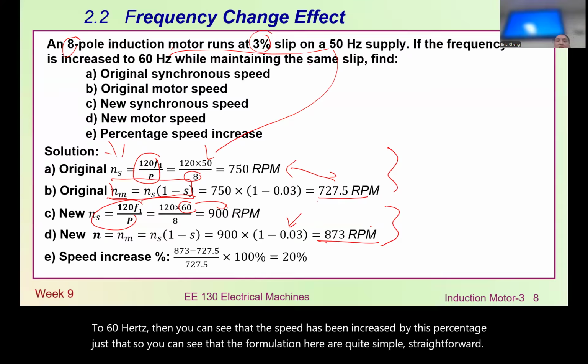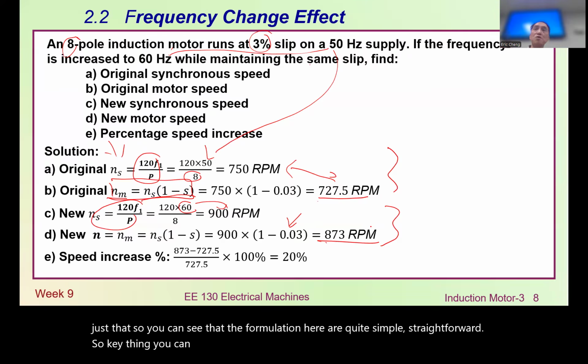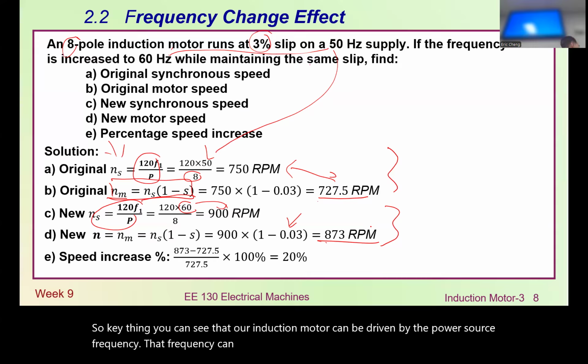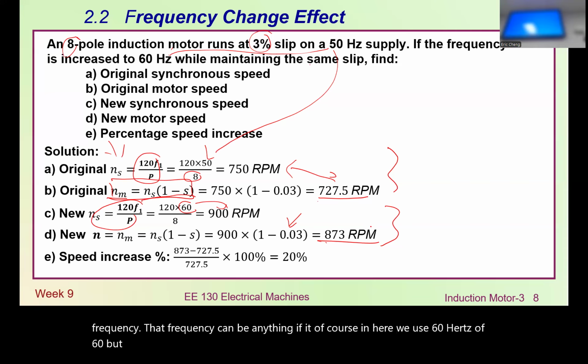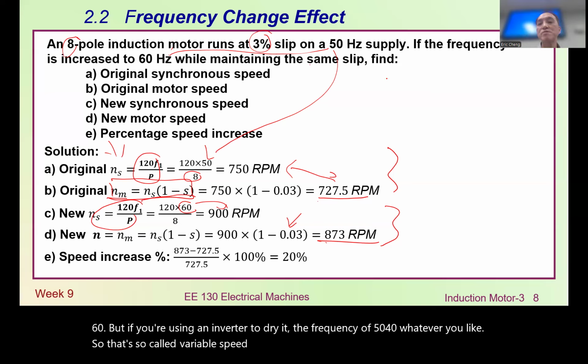The key thing is that our induction motor can be driven by the power source frequency. That frequency can be anything. Of course, here we use 60 Hertz, but if you're using an inverter to drive it, the frequency can be 50, 40, whatever you like. That's so-called variable speed control, variable speed drive.